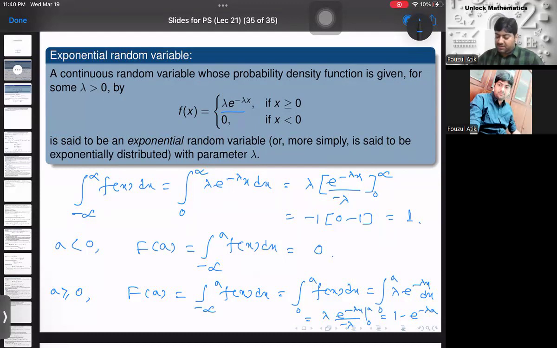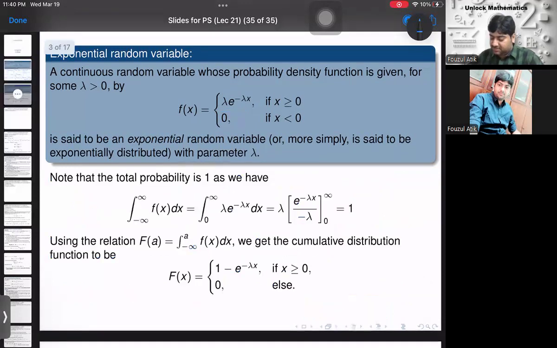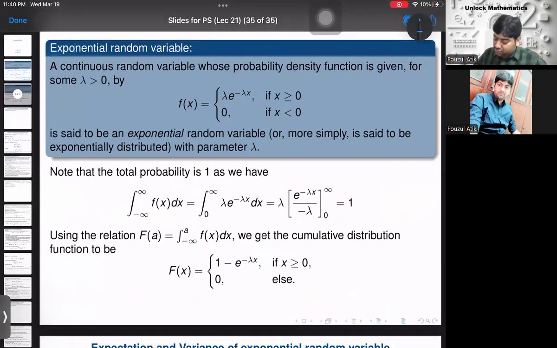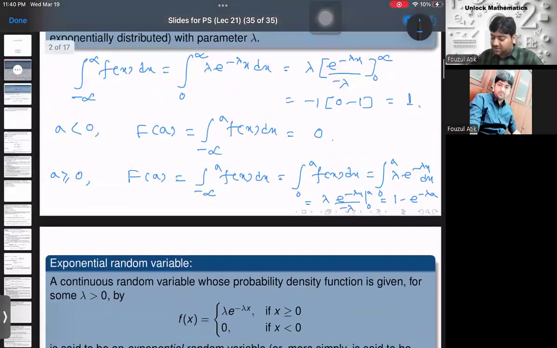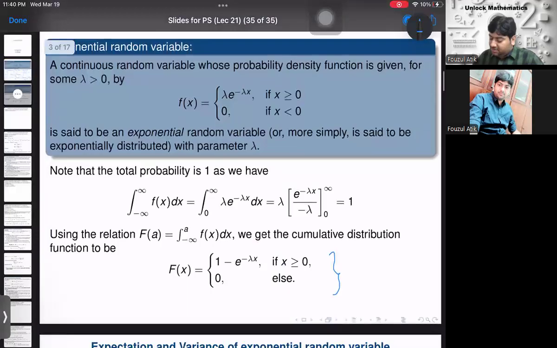Correct? And if you write it in a proper manner, then your cumulative distribution function is this one. If x is greater than or equal to 0, it is 1 minus e to the power minus lambda x. We calculated for a, then converted it for x, so if x is greater than or equal to 0, it is 1 minus e to the power minus lambda x, and equal to 0 otherwise.